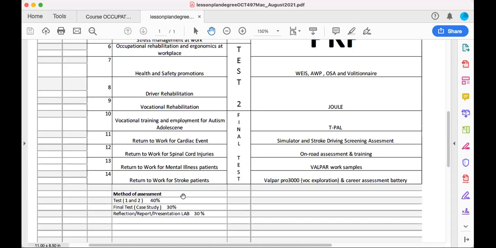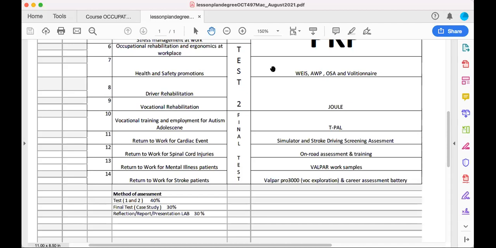And then there is the report, reflection, and presentation at the lab. In the lab, when you present, we will take the marks immediately. The presentation at the lab is not in PowerPoint, it is a presentation of the use of tools. I will give different tools to different groups.